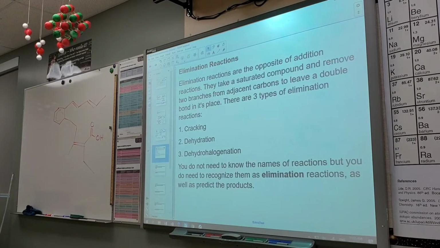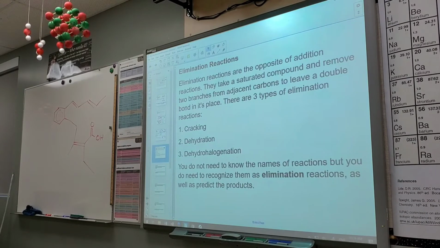We've done naming and drawing only to get you familiar with the different types of compounds. They may ask you maybe one naming question, but they will guaranteed ask you at least 4 or 5 reaction questions. So this is the most important part. Do you agree we've already covered addition reactions? Two things turning into one thing. Do you agree we've also covered substitution reactions? Two things turning into two things. Now we're starting to talk about elimination reactions.